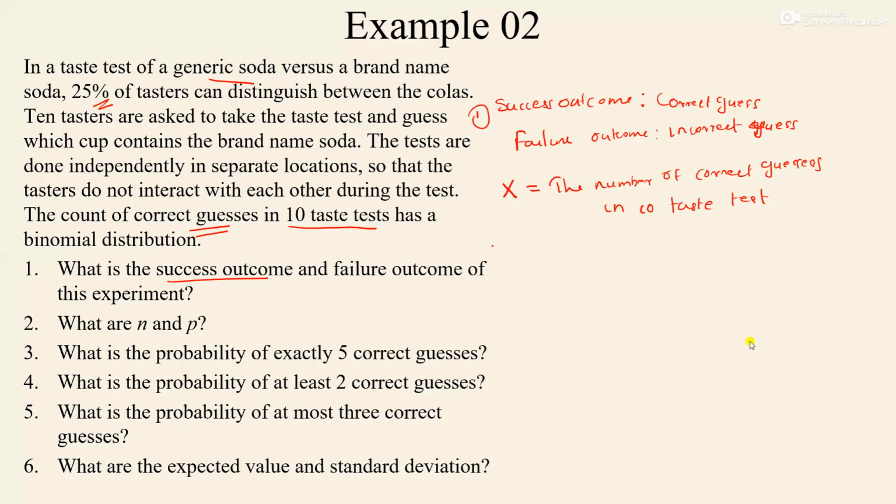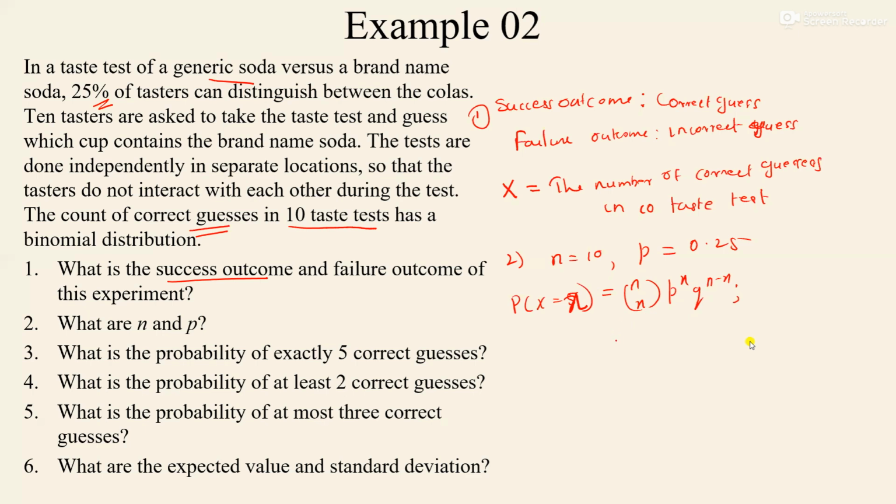And the second question: this is our random variable, and what are n and p? According to this example, n is equal to 10 and p is equal to 0.5. Then what is the probability of exactly 5 correct guesses? So the probability of X equals 5. Because X has a binomial distribution, P(X equals x) is nCx p to the power x, q to the power n minus x.